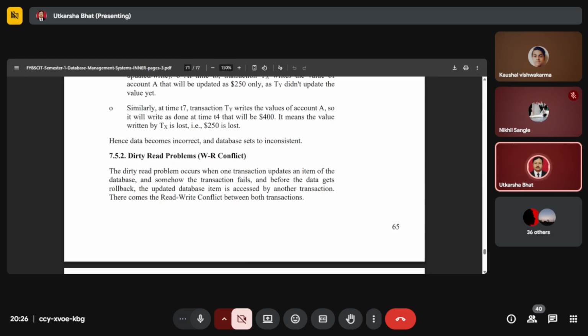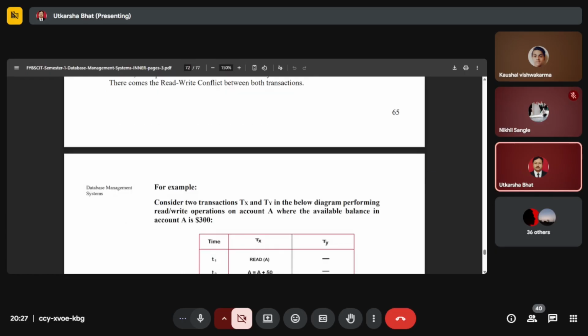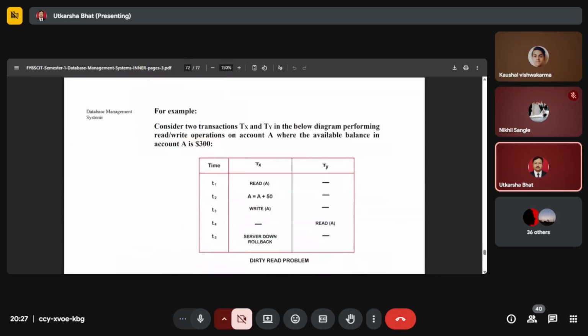There comes the read-write conflict between both the transactions. Again here, transactions Tx and Ty are performing read-write operations on account A, where the available balance is $300.